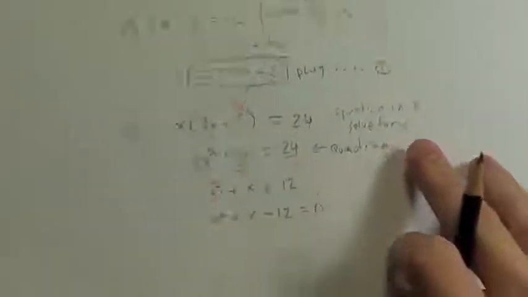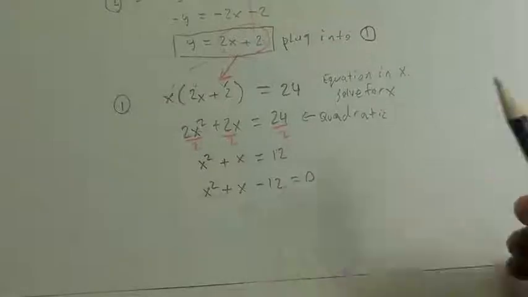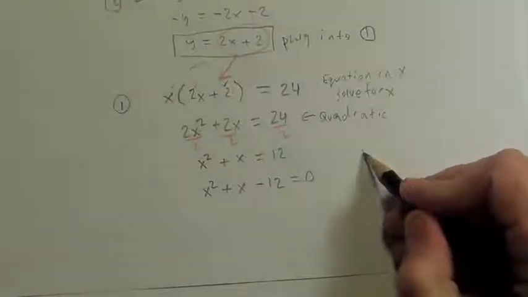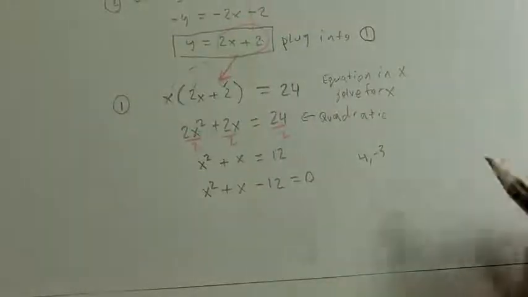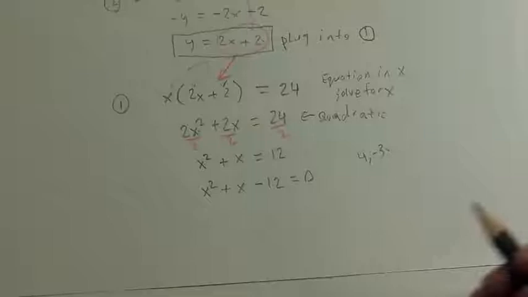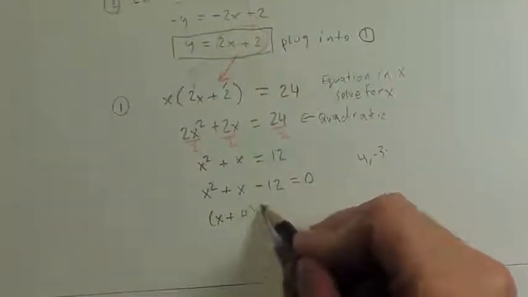So now we want factors of negative 12 that will sum up to be 1. 4 and negative 3 is what I'm thinking. Because 4 times negative 3 is negative 12. 4 minus 3 is 1. So we get x plus 4 times x minus 3.